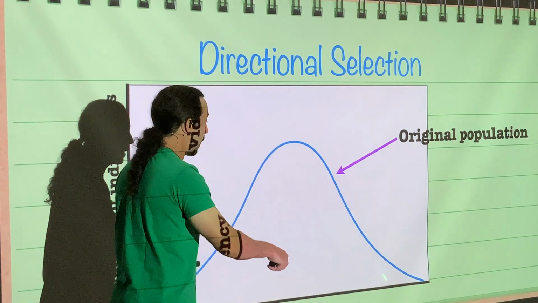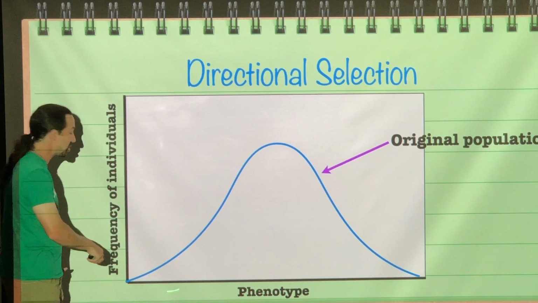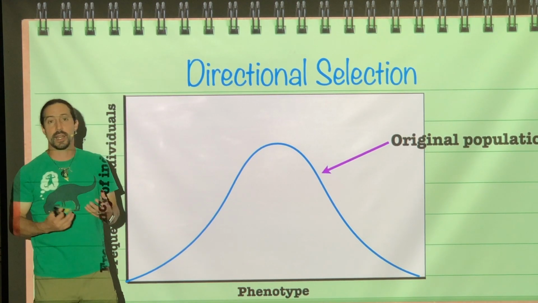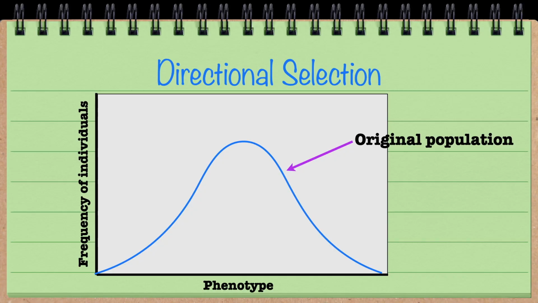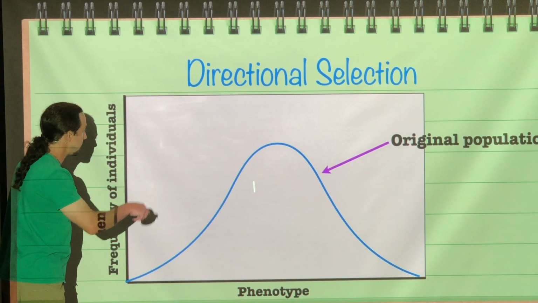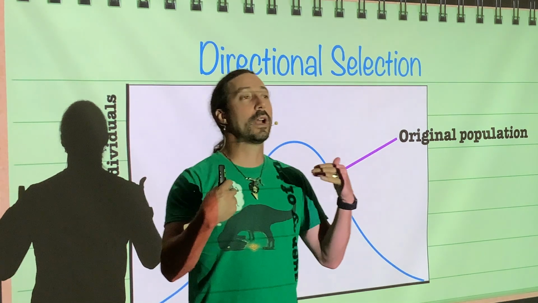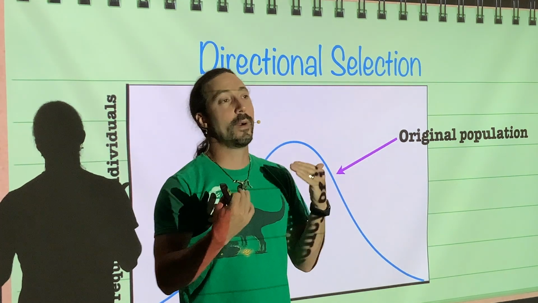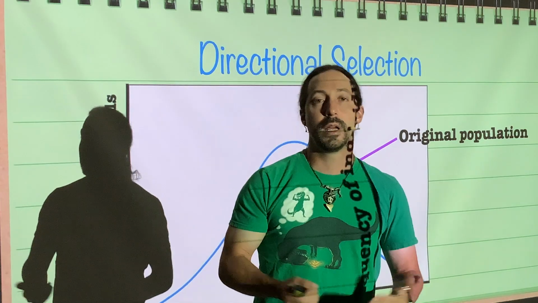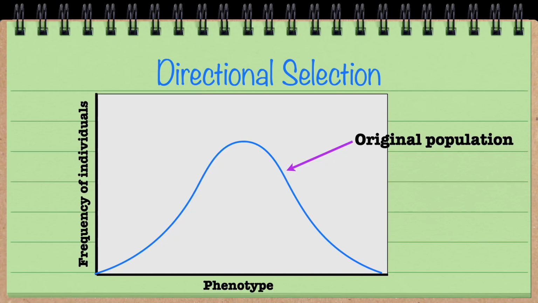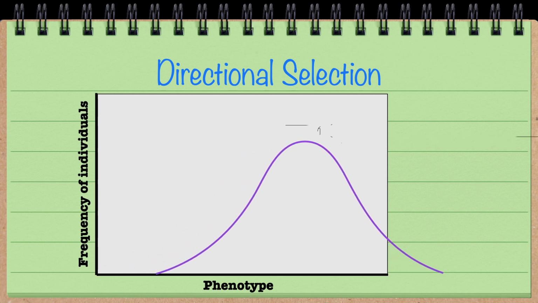We would have some organisms that would exist in the extremes, some organisms that are going to exhibit a slightly different trait, but most organisms would be right in this central area. And in directional selection, one of the extremes is going to end up being favored.